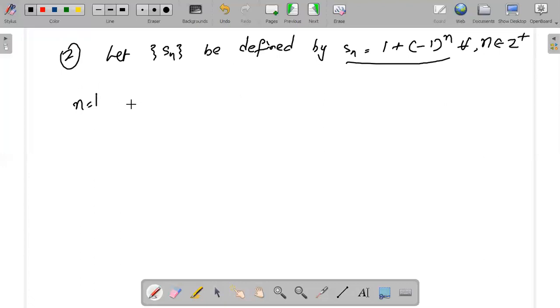Put n is equal to 1. So you get S1 would be 0. If you put n is equal to 2, you get S2. Now this will be 2, because it is 1 plus minus 1 whole square, so 1 plus 1 is 2. If you put n is equal to 3, you get 0 again.